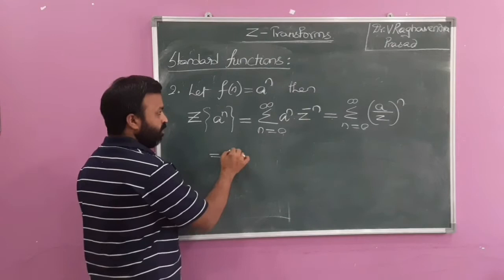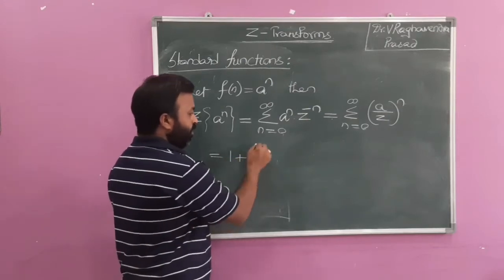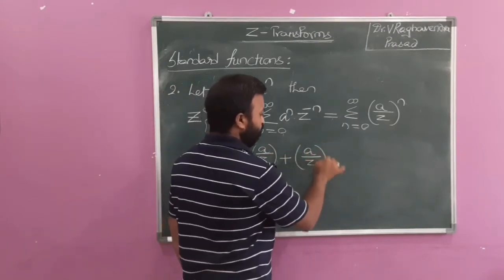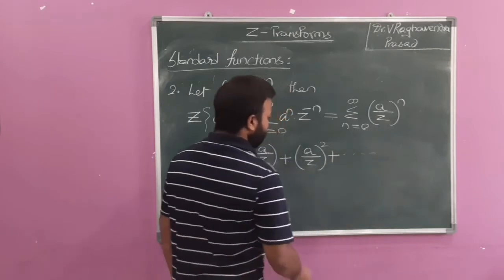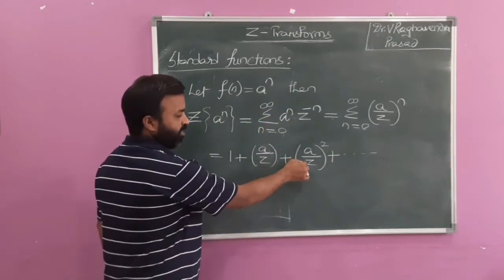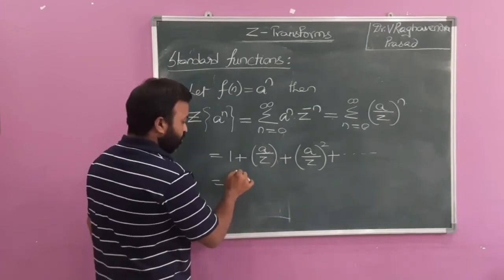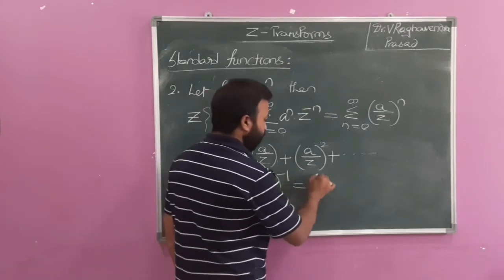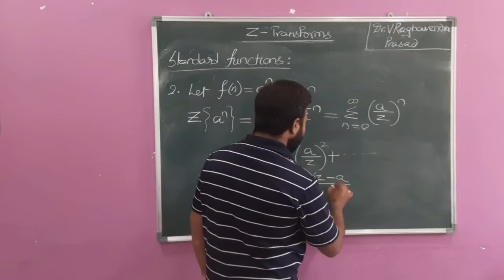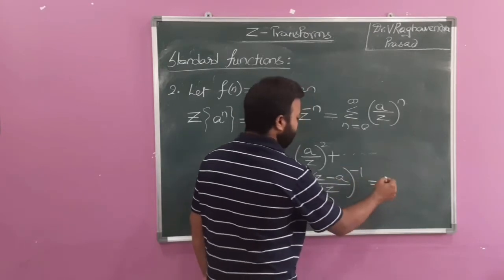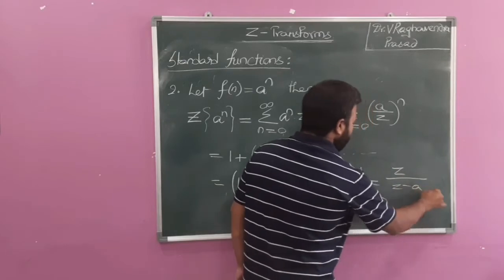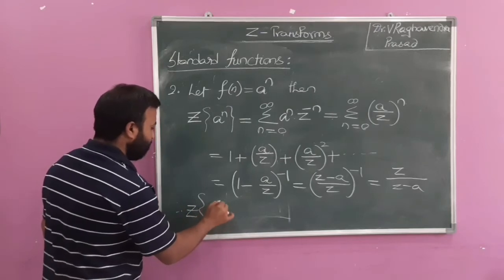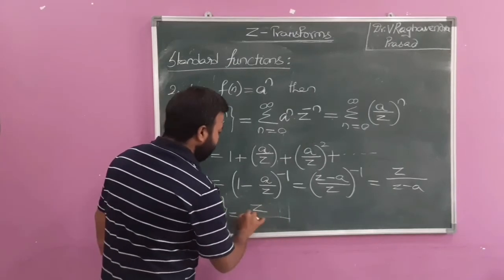For n equal to 0, we have 1 plus, for n equal to 1, a by z, plus for n equal to 2, a by z whole square, plus and so on. This is also the same as 1 plus x plus x square plus and so on, that is 1 minus x to the power of minus 1, with x equal to a by z. That is 1 minus a by z to the power of minus 1, which we can write as z by z minus a. Therefore, the Z transform of a power n gives z by z minus a.